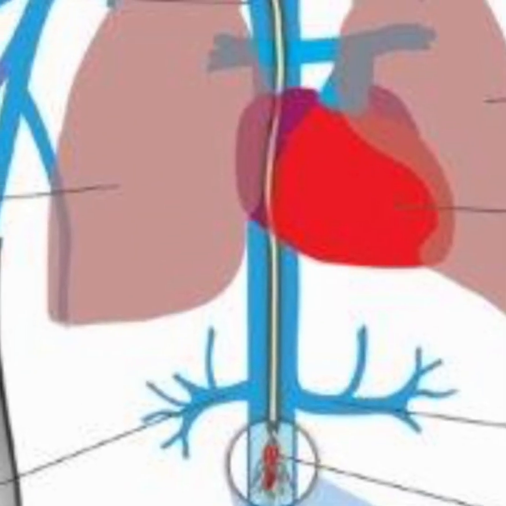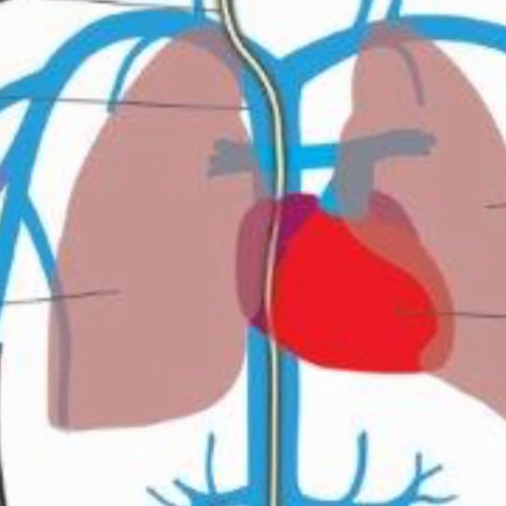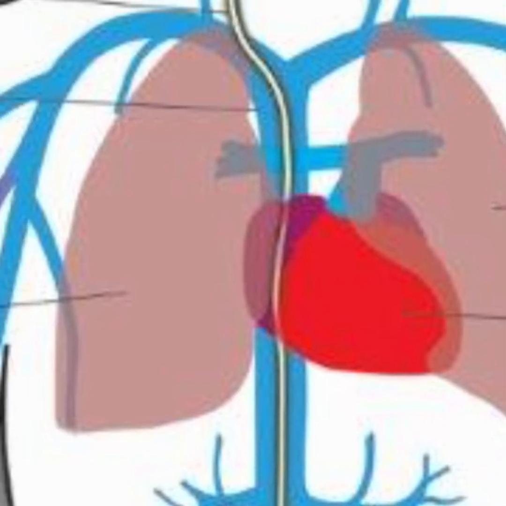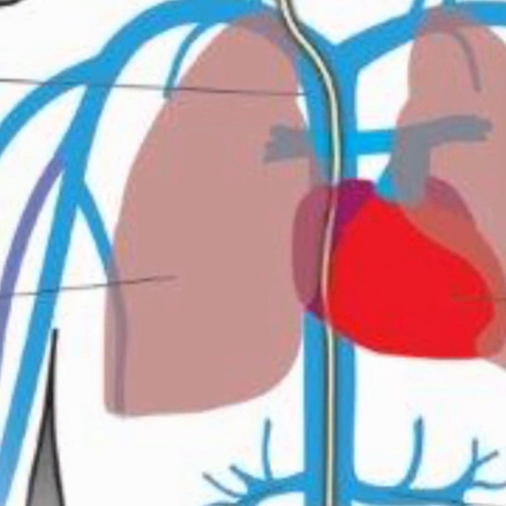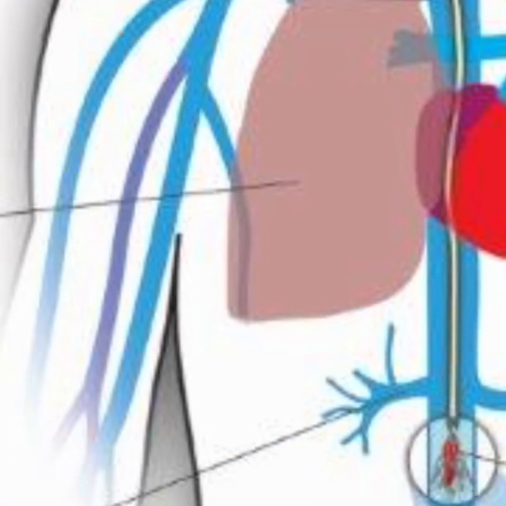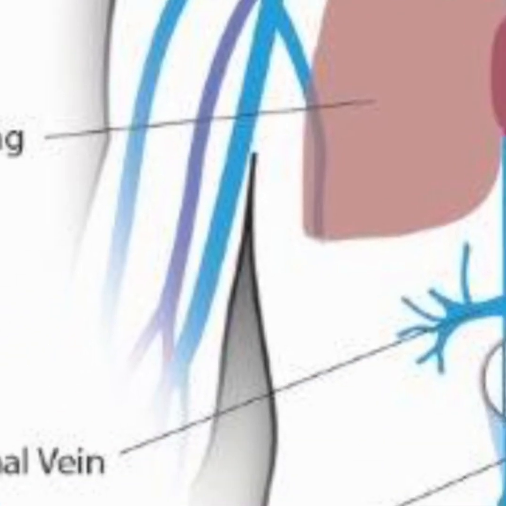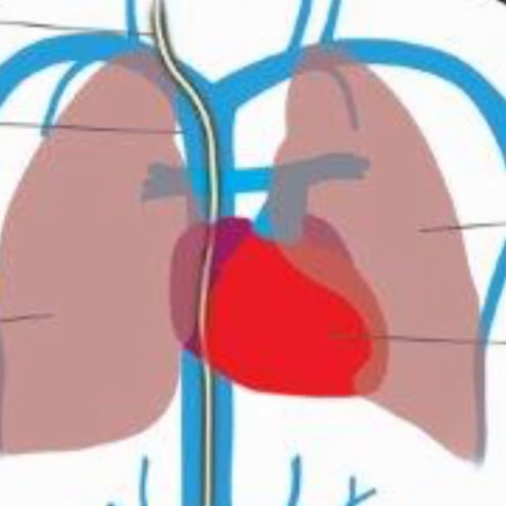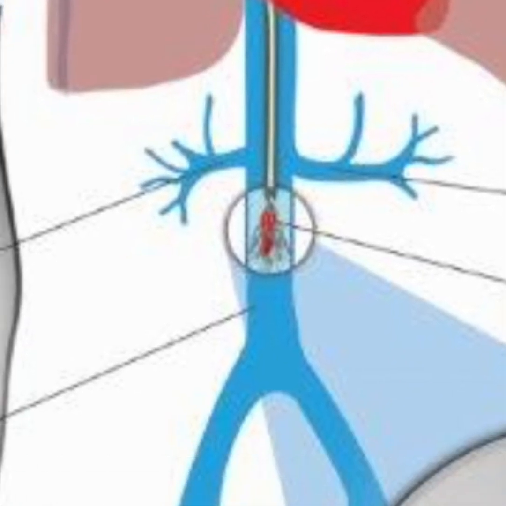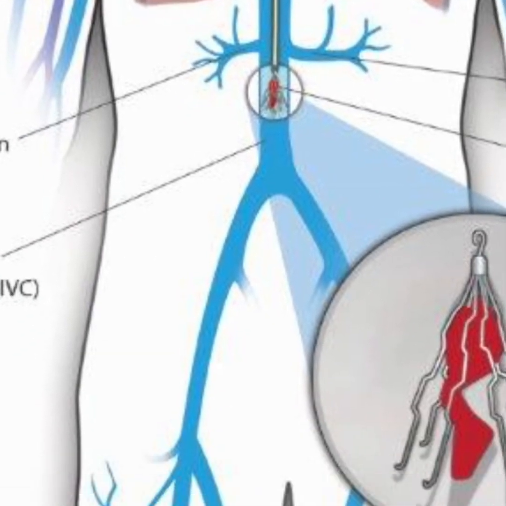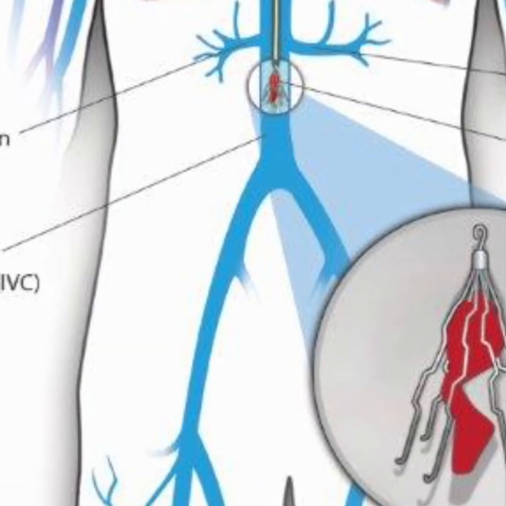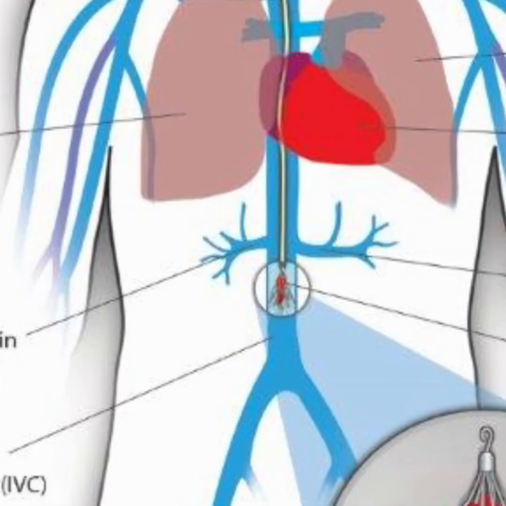The superior vena cava carries the deoxygenated blood from the arms, head, and top part of the body into the right atrium, and the inferior vena cava carries the deoxygenated blood from the bottom half of the body into the right atrium also.